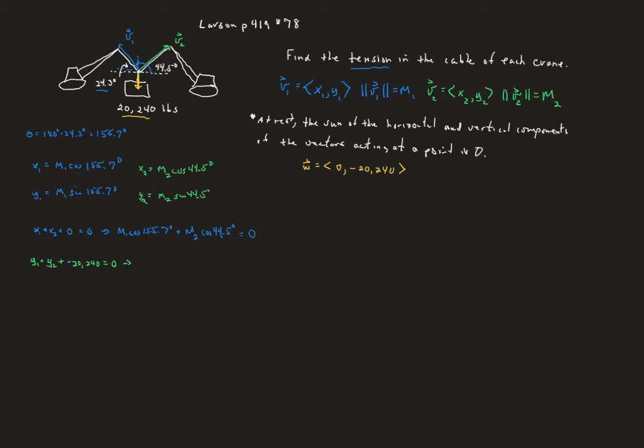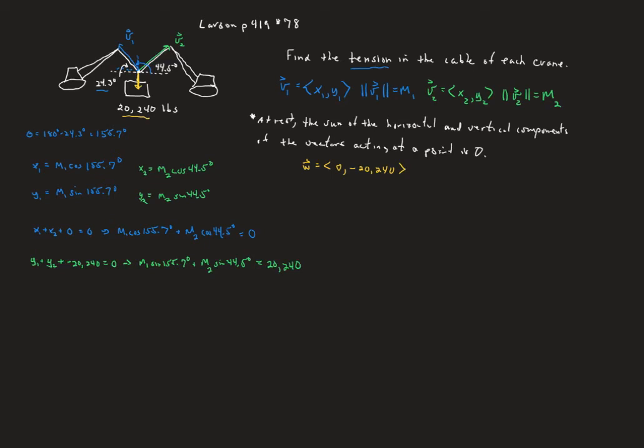So that is going to lead to y1 is m1 sine of 155.7 degrees plus m2 times the sine of 44.5 degrees. And then I'm going to add the 20,240 over to the other side, so it looks like this.